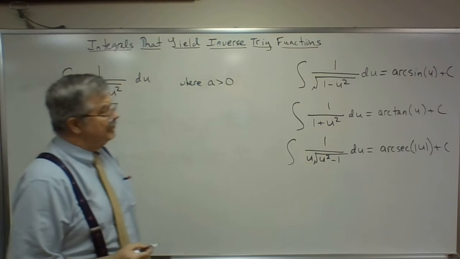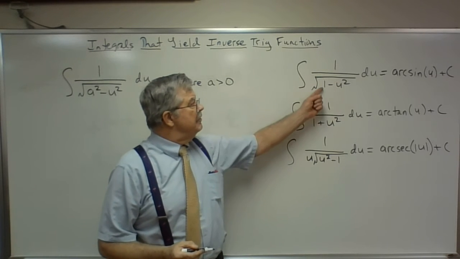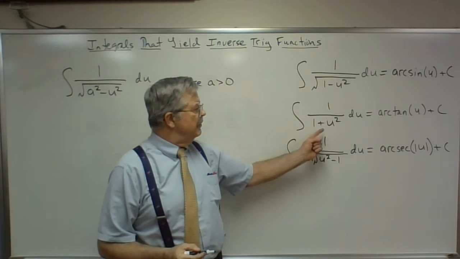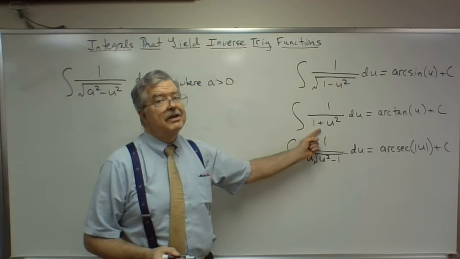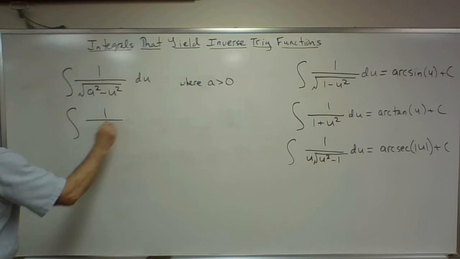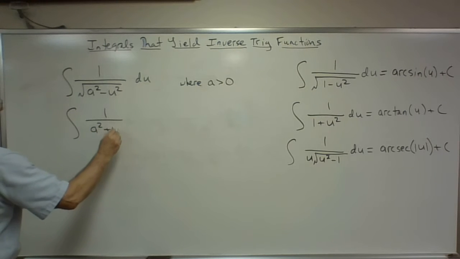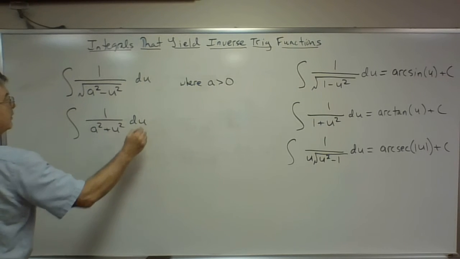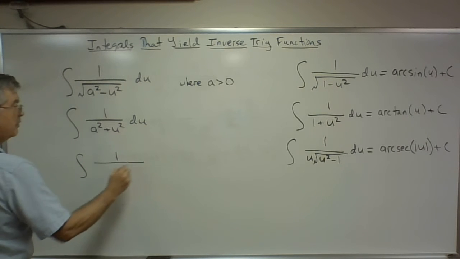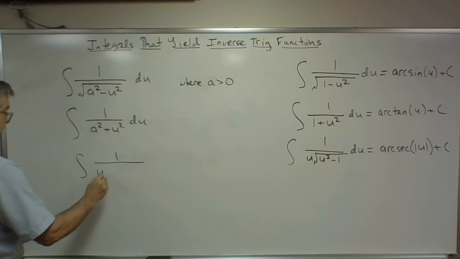Well, if we can generalize this formula in that way, we ought to be able to do the same thing for this one, right? And the fact of the matter is we can. And also the formula that gives us arc secant.